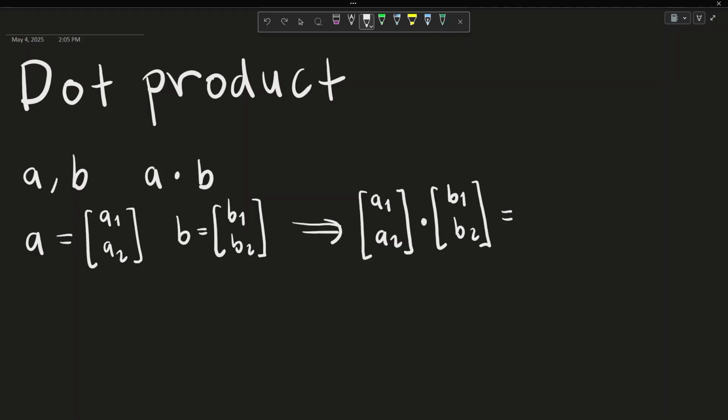And so what we'd have is A1 B1 plus A2 B2. As you might imagine, for higher dimensions, this trend would continue. So let's use an example in 3 dimensions to illustrate this point.